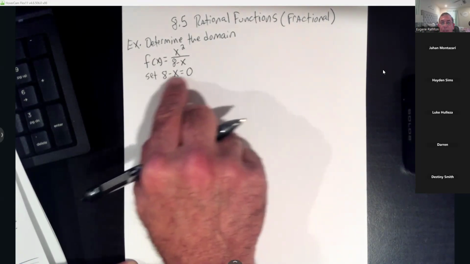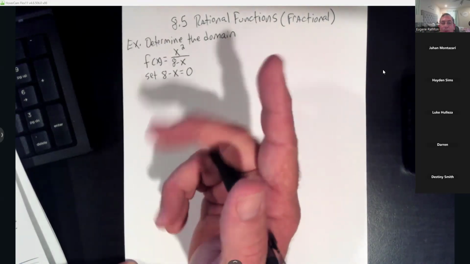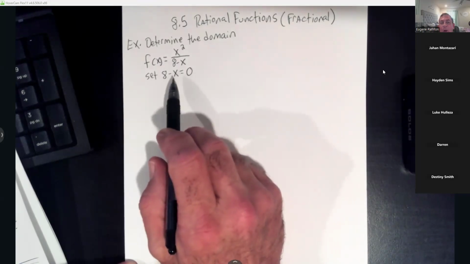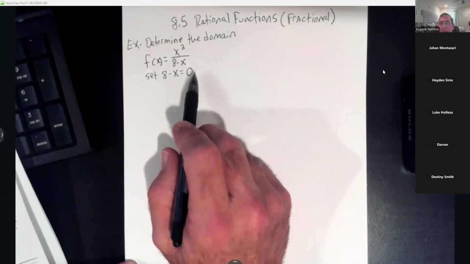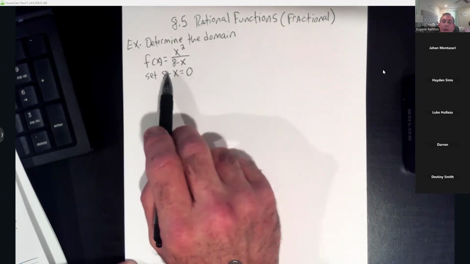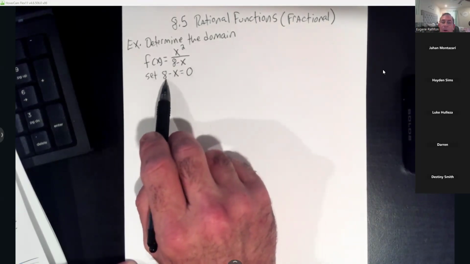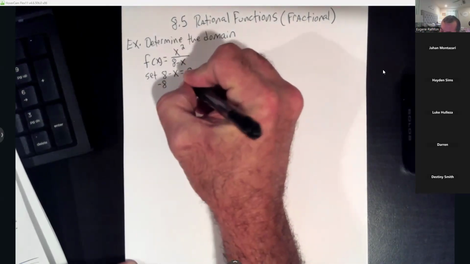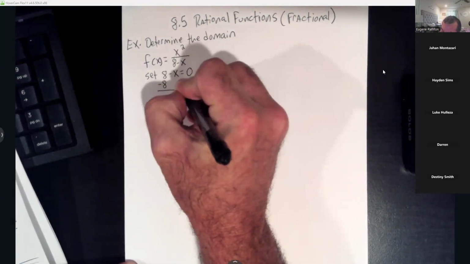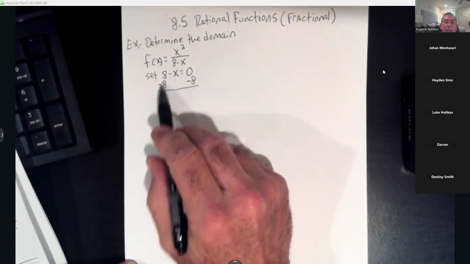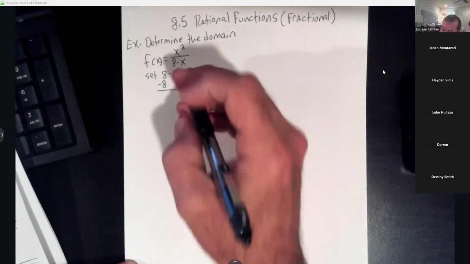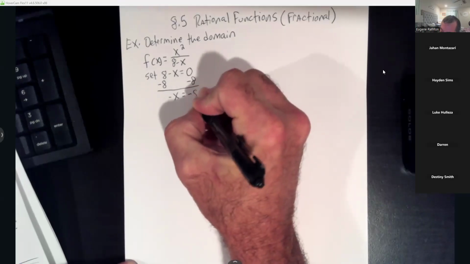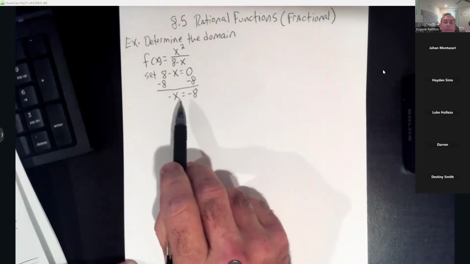So y'all, to solve this, you can do it either two ways. You can either subtract the 8 from both sides or add x to both sides. So most of y'all like your x's on the left side. So I'll move this 8 to the other side by subtracting 8. Those cancel. And I get a negative x on the left side equal to a negative 8.